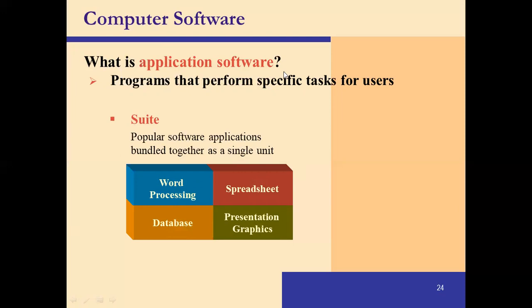Okay. Application is basically something that you can use to apply instructions upon to perform a specific task. Like I want to type something on my computer. I need a software that can show me what I am typing. So I will use Microsoft Office.